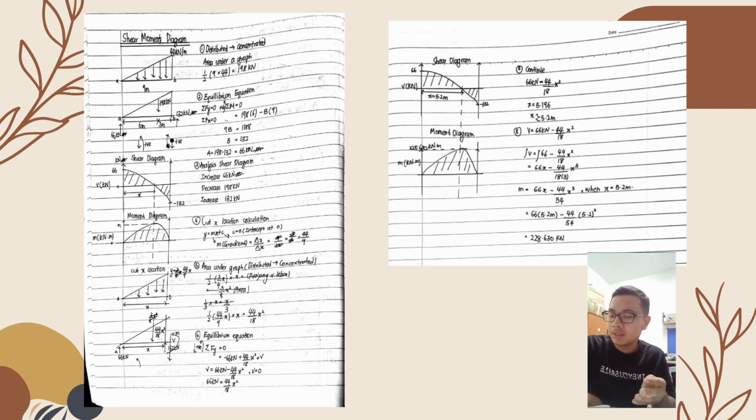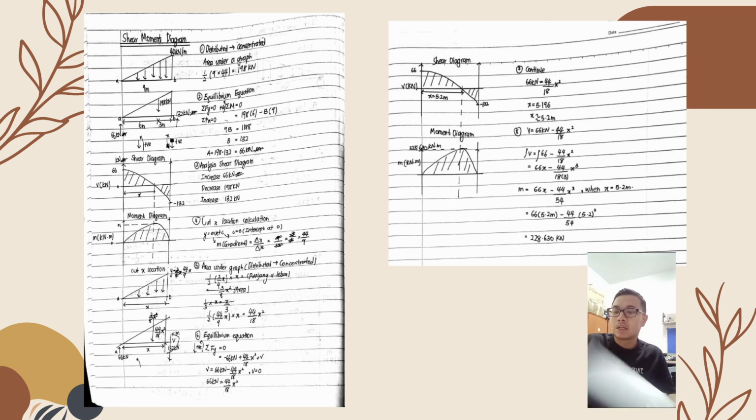The fourth one is the calculation for the cutting X location. The fifth one is the area under the graph. The sixth one is the equilibrium equation. The seventh one is the continuous calculation from the previous. And the eighth one is where we get the value for the moment diagram and shear diagram.